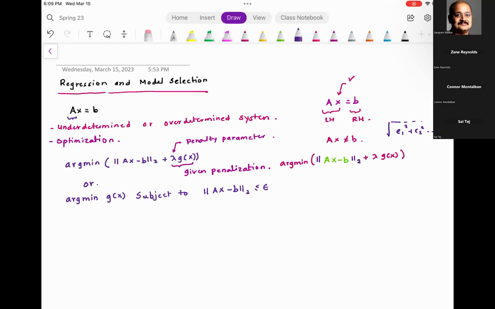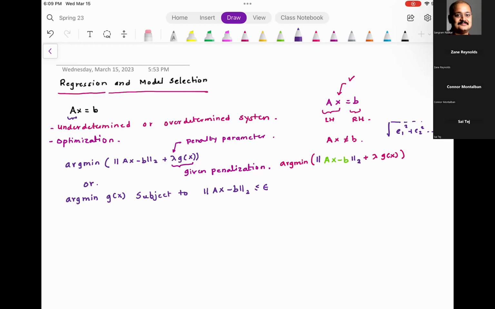And you will see that in literature, this technique is used in multiple ways. Sometimes they call this the variational formulation, which is an approximate way to solve the problem. But at the end, this is what it is.